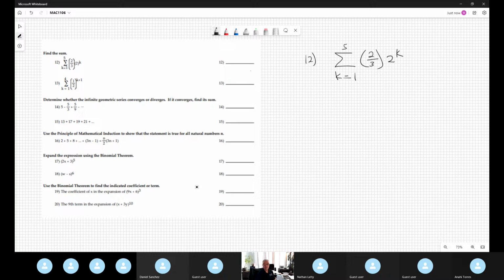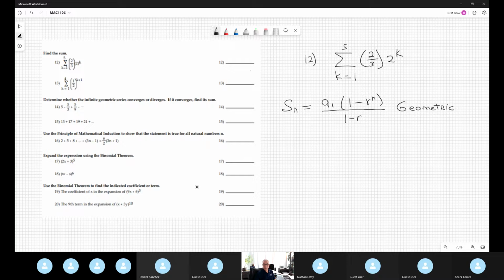The formula for the summation of the first n terms of a geometric sequence is A1 times (1 minus R to the n) divided by 1 minus R, in this case n is 5. I need to identify who is A1 and who is R. Let me try to do my best.